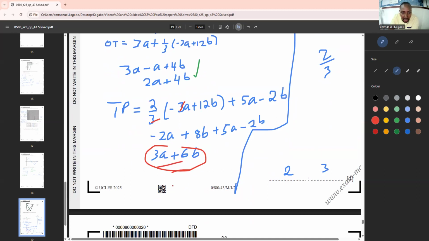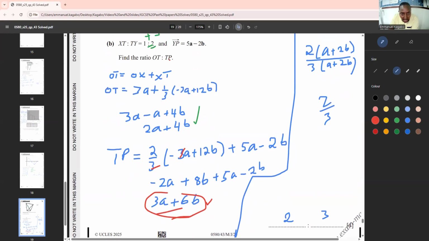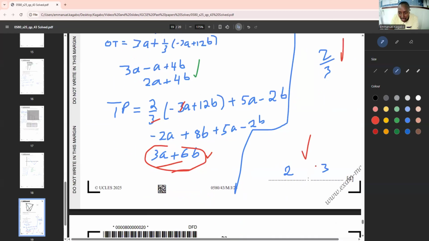That's why I prefer to get this divided by that. Whatever I divide by doesn't matter as long as you get the ratio. But they said OT to TP. So that's why I did this one divided by that, which will give me this, and then this simplifies with that. I factorize it, then it gives me that, and then I get my ratio as 2 to 3.